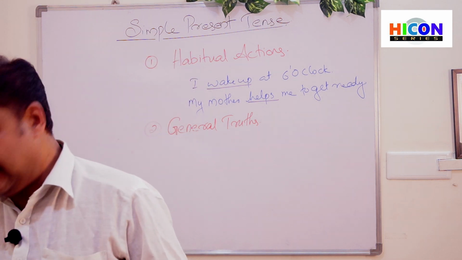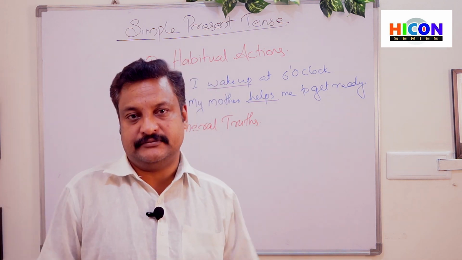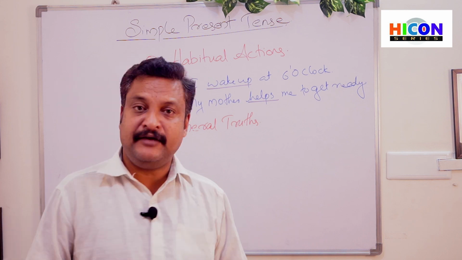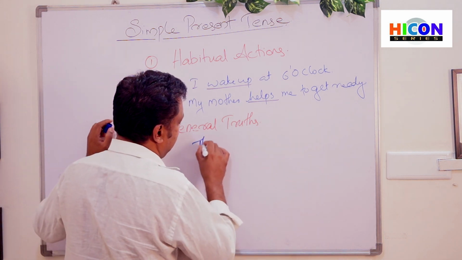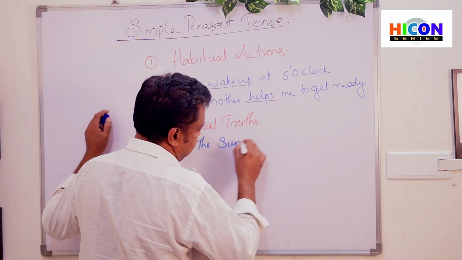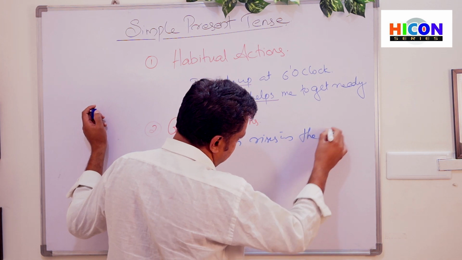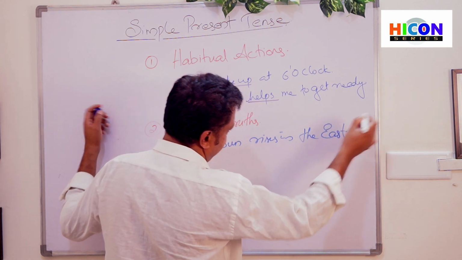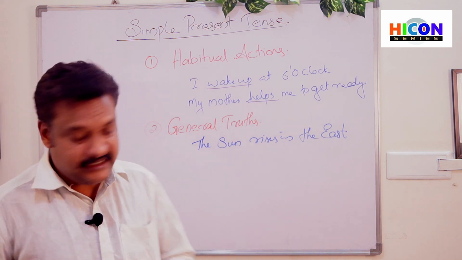What do you mean by general truth? Yeah, which is the same everywhere. Okay, which is the same everywhere. For example, we can say the sun rises in the east. The sun rises in the east.